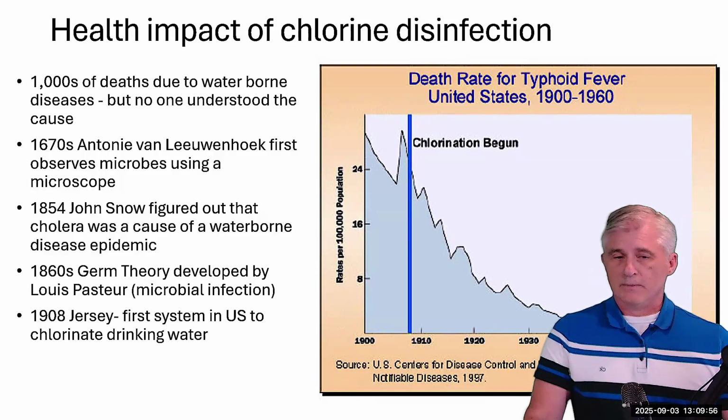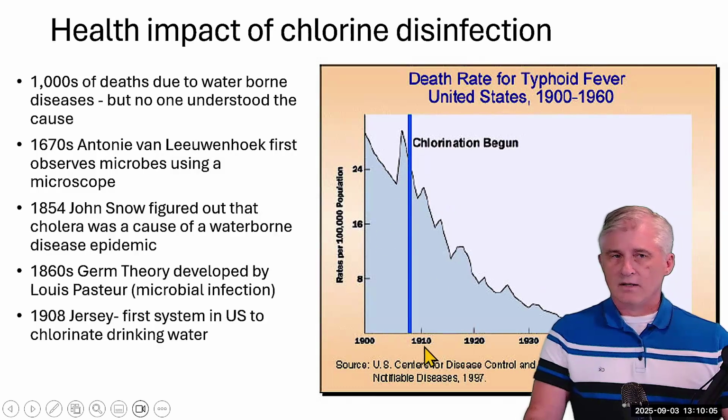So that's a huge development, and that correlates with, if we look at 1908, approximately 24 deaths per 100,000 people from typhoid. And then we can see a decline throughout time.